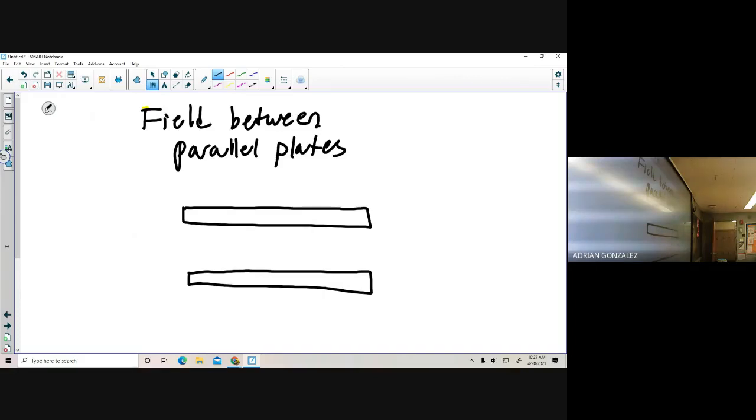And each one of those you're going to connect to a terminal. One of those is going to get positive, and usually one of them is going to get negative. Let's say this one is going to be a positively charged plate, and this one's going to be a negatively charged plate.